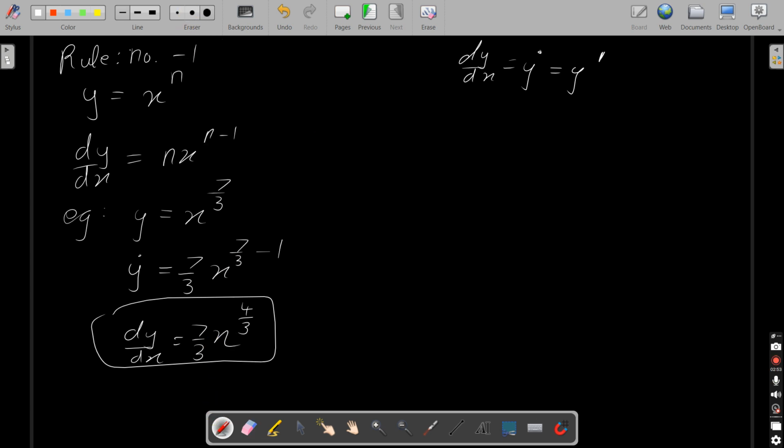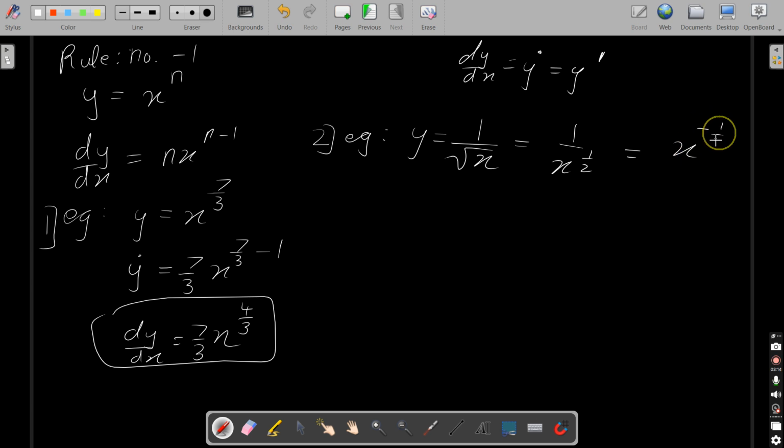Second example, if y is equal to 1 upon under root of x. So this is equal to 1 upon x to the power 1 by 2, which is equal to x to the power minus 1 upon 2. So dy by dx, which is equal to y dot, will be minus 1 upon 2 into x to the power minus 1 upon 2 minus 1.